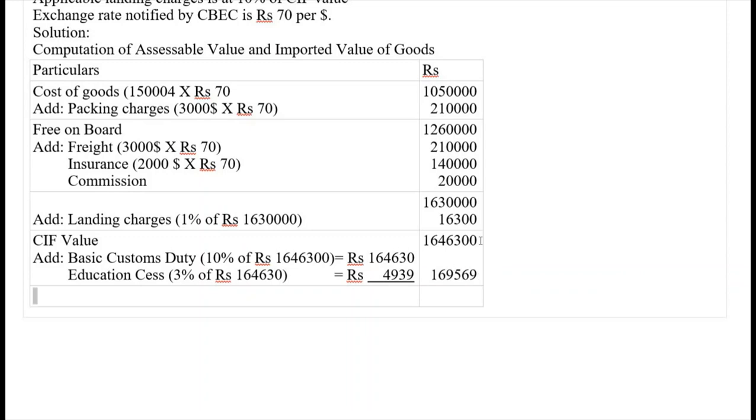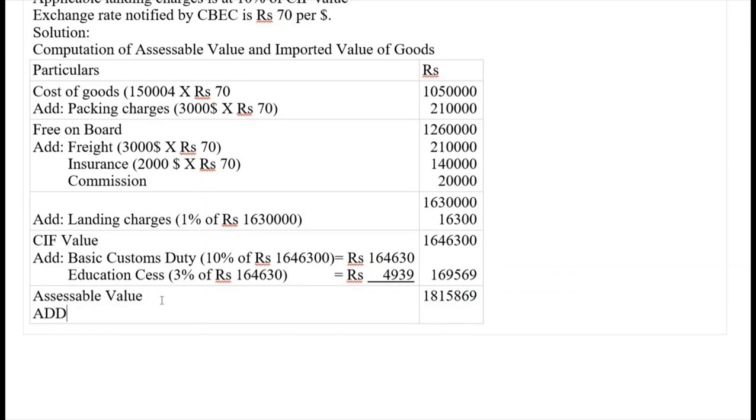When the sum of this is taken as assessable value, 1,69,569 plus 16,46,300 comes to 18,15,869.